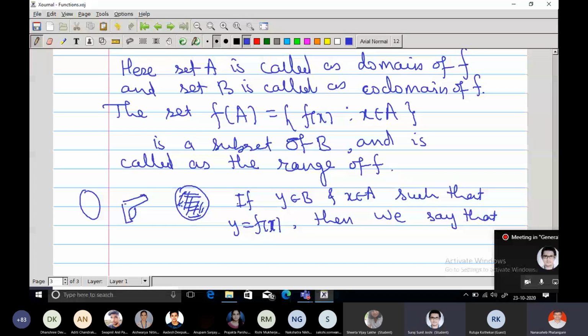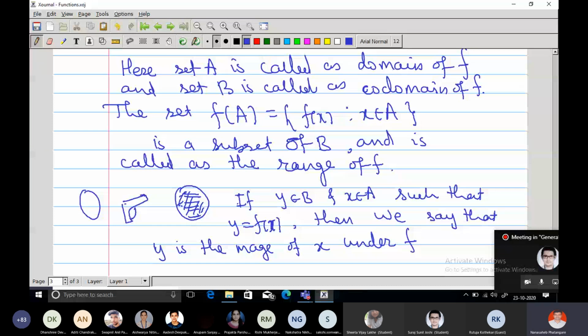We say that y is the image of x under f, right? So y is the image of x under f. Image means what?